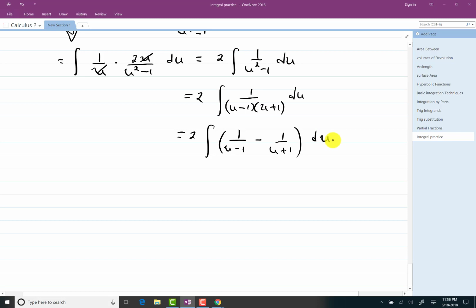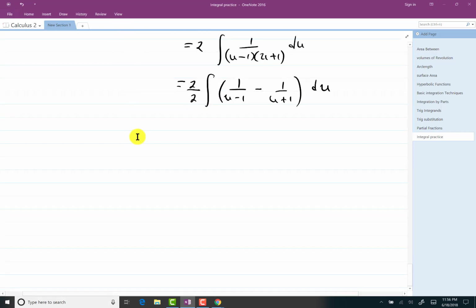Let me do it in my head and see what happens. If I take u plus 1 minus u minus 1, I'll end up with positive 2. So I'll have to divide by 2 to cancel that out. Well, that's nice. Those cancel. So ln absolute of u minus 1 minus ln absolute u plus 1 plus a constant.